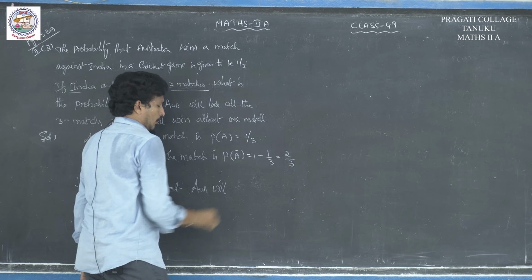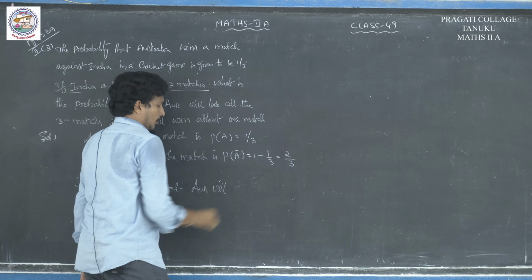Here you observe that in a class there are 30 students. Some have 1 subject failure, 2 subject failures, 3 subject failures, 4, 5, or 6 subject failures, or else outside of that. What is the position of the remaining students in the class? They have all passed. So in this way, Australia will win at least one match: either one match winning, or 2 matches, or 3 matches.